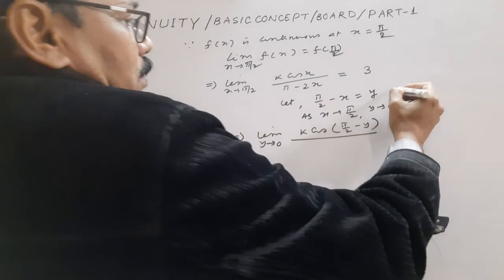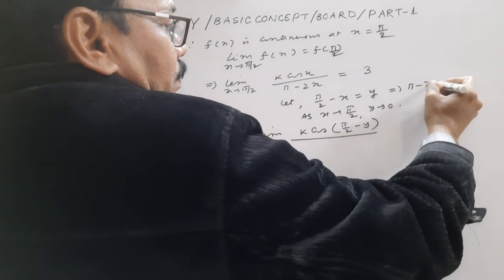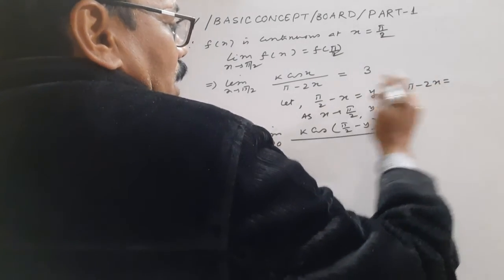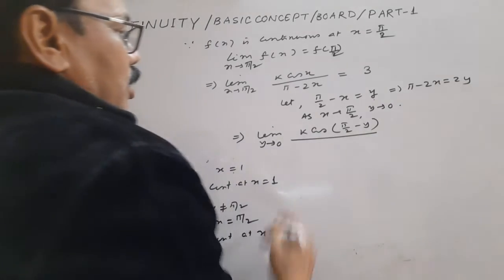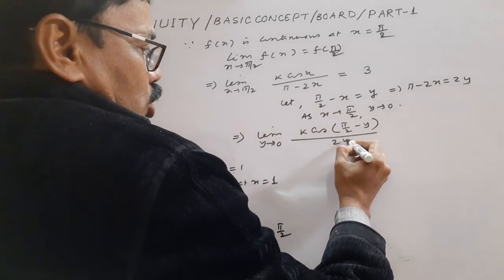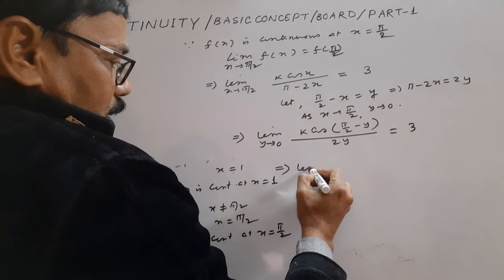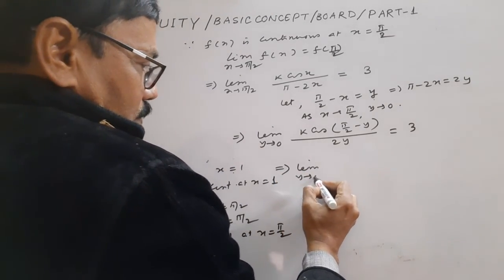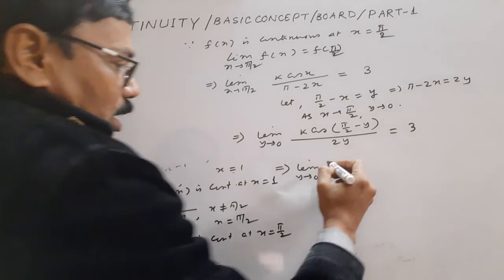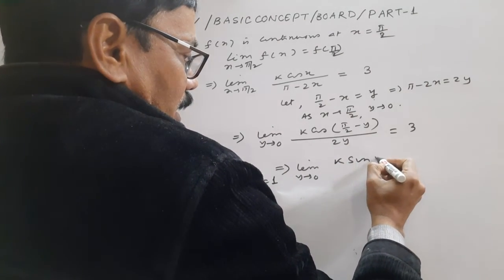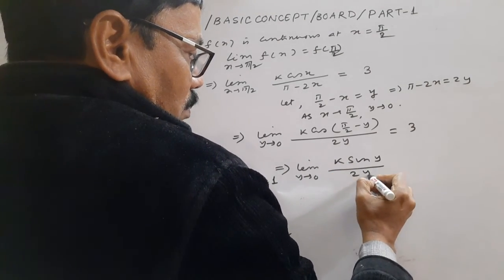So what is pi minus 2x? If we multiply, this is 2y. So pi minus 2x is 2y. Now limit y tends to 0. So look, cos(90 minus theta) gives sin y, by 2y.